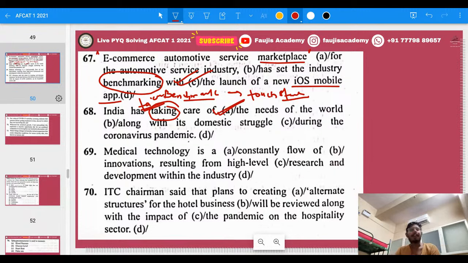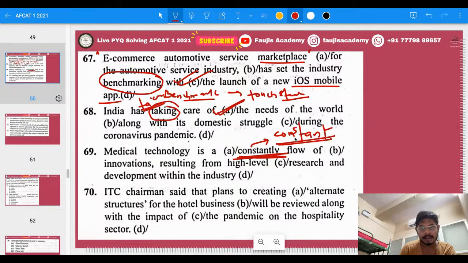Is it the right usage, guys? 69, the error is in constantly. The correct usage is constant. Medical technology is the constant flow of innovations resulting from high level research and development within the industry.